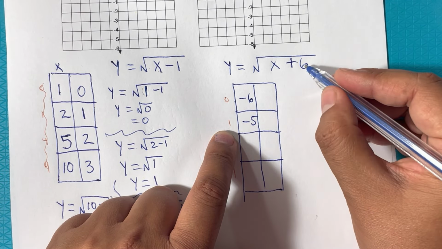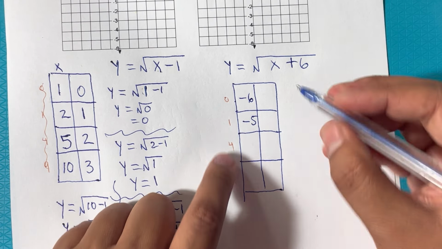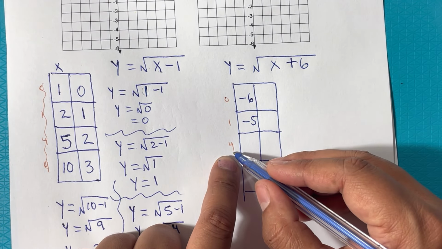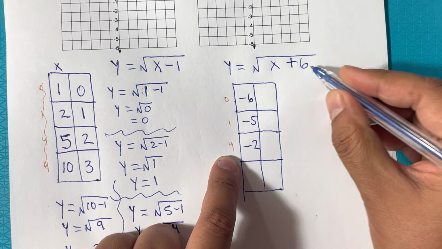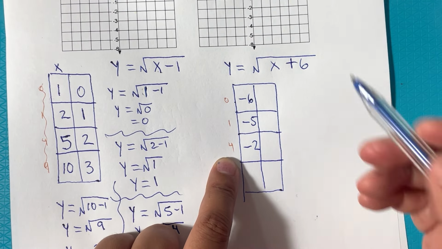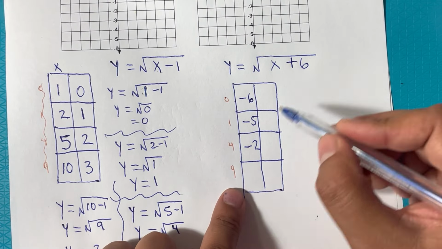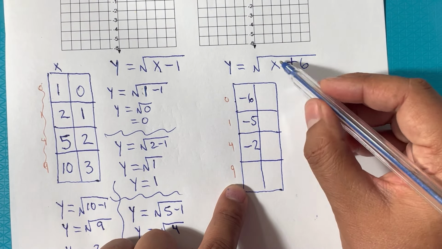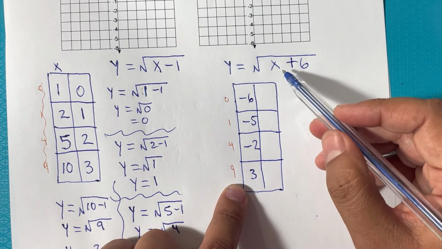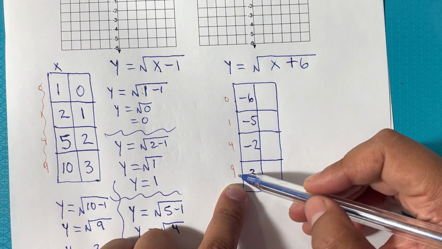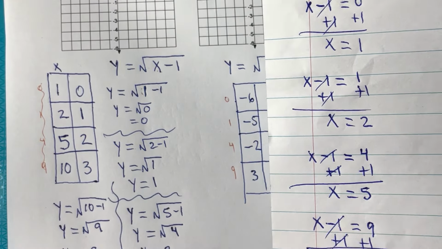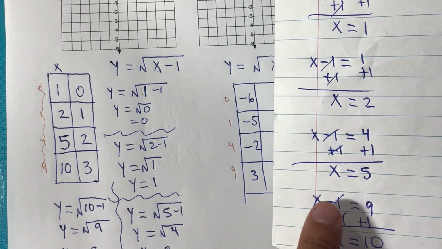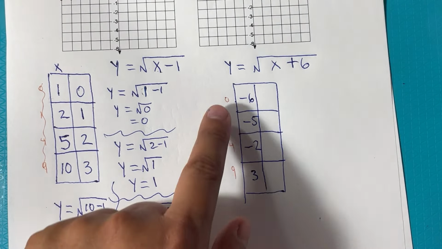Why? Because -5 and positive 6 will be 1. To make it 4, I need to take away 2, or -2 plus 6 is positive 4. To make it 9, I need positive 3, because positive 3 plus 6 is 9. But again, if you can easily find those values, just create equations, okay? X plus 6 equals each one of those numbers.